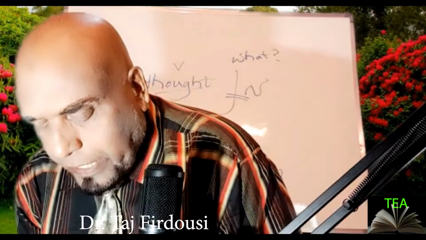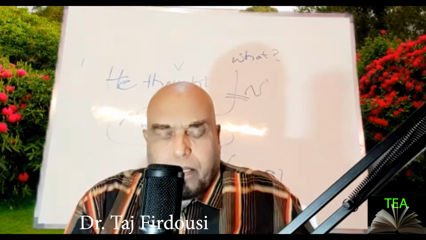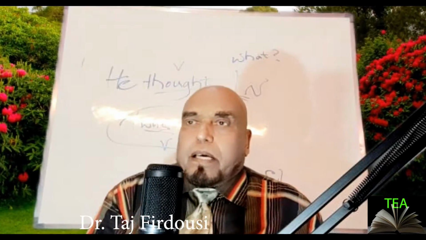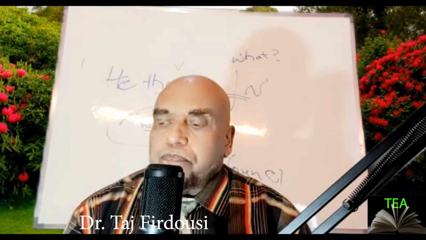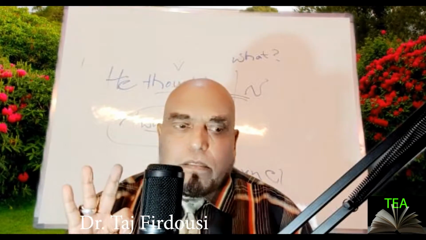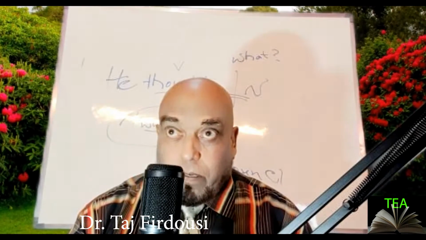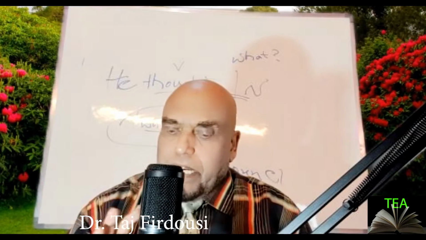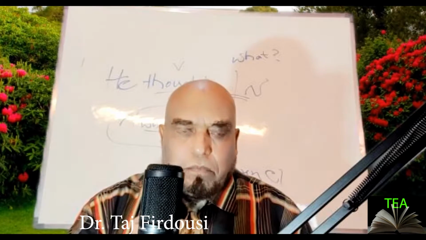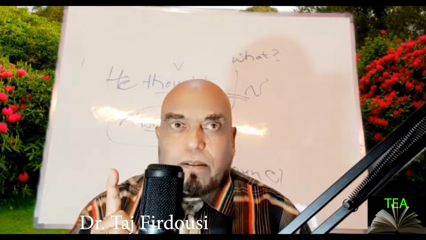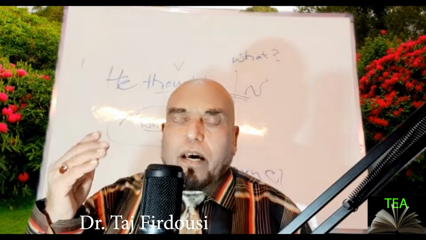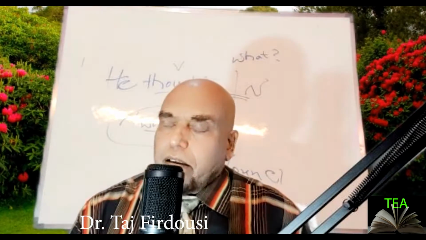Now, ladies and gentlemen, it's very clear that there are three clauses: adjective clause, adverb clause, and noun clause. In a sentence there should be one main clause and then one or two or three or four subordinate clauses.